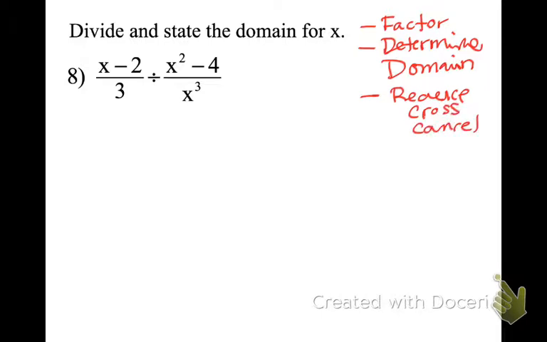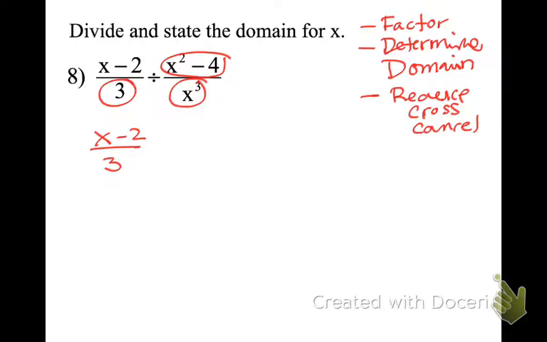Okay? Now, the first one, I have x minus 2 over 3. There's no denominator there. But this one, I have to account for 3 different denominators. This one, and eventually this is going to become a denominator. So when I'm looking for domain, I have to look into all 3 of those.